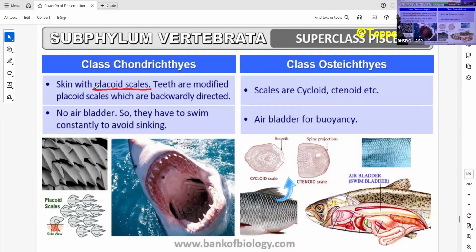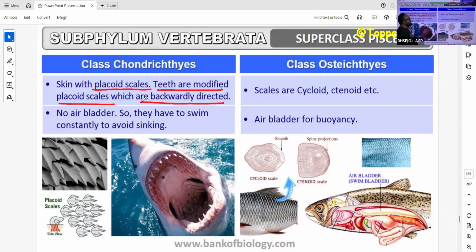ठीक है, plus जो दांत देखो in the jaws section, these are nothing but modified placoid scales. See it. Skin with placoid scales. Teeth are modified placoid scales that are backwardly directed. Why?